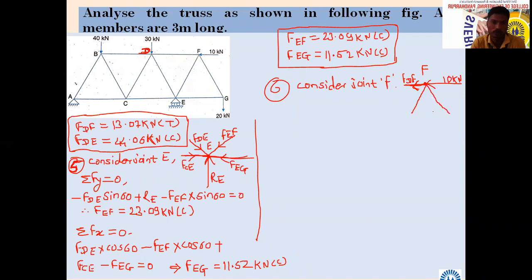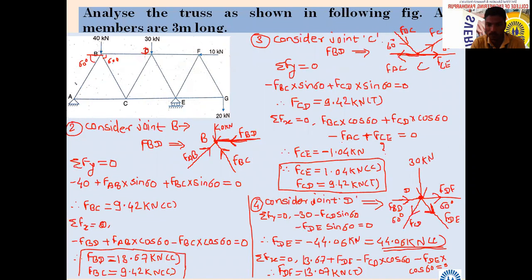What about EF? How did force EF come? Compressive, towards the joint. Is EF compressive? Otherwise our immediate answer will go wrong. You should tell very carefully. Where did we calculate EF?